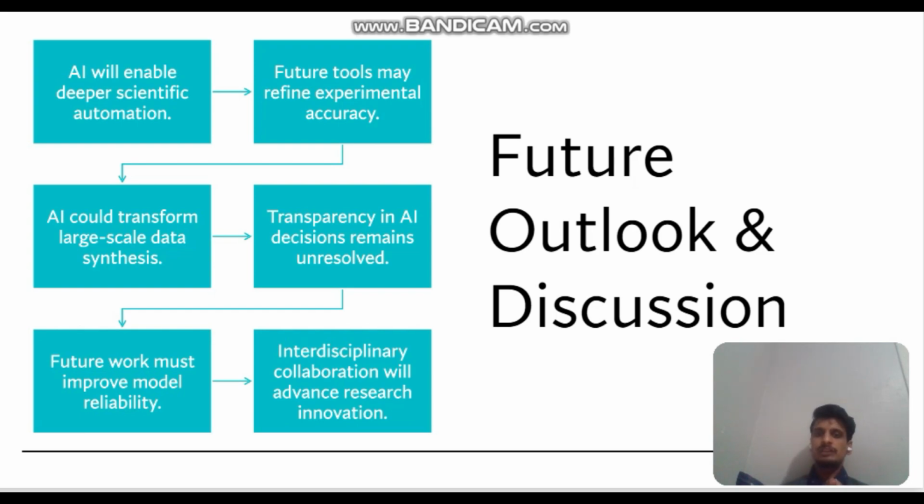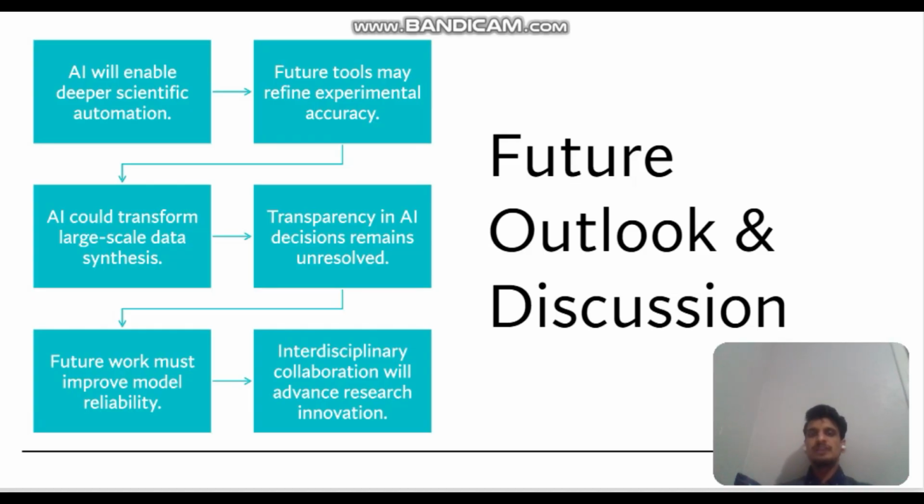Like if AI is used 50 or 70% nowadays, maybe in the future AI can do our work 90% or 95%. Most of the work will be done by AI in the future.